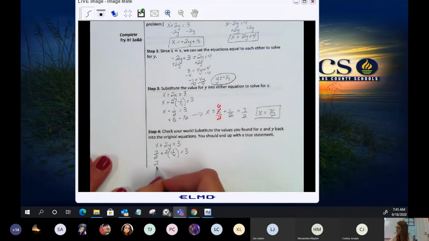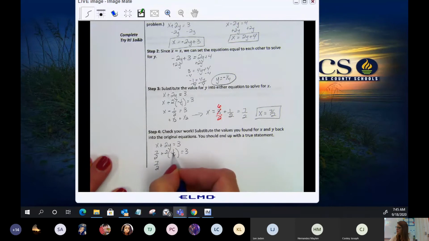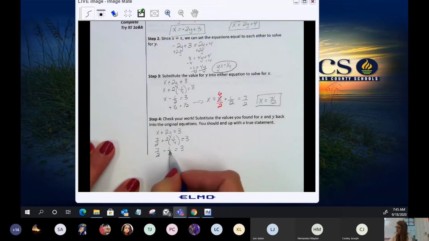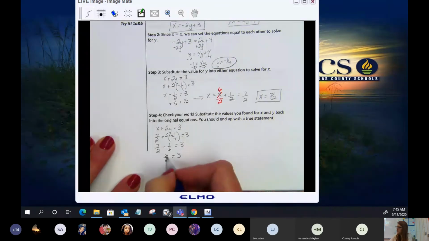Well, this is 7 halves. 2 times negative 1/4 is a negative 2/4, which is a negative 1/2. Does that equal 3? 7 halves minus 1/2 is 6 halves. And as we keep reducing here, we get 3 equals 3.